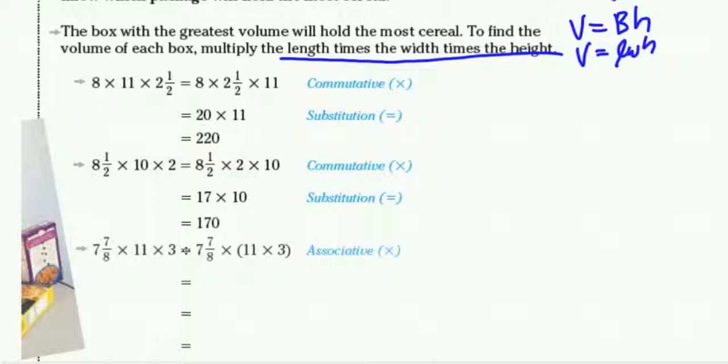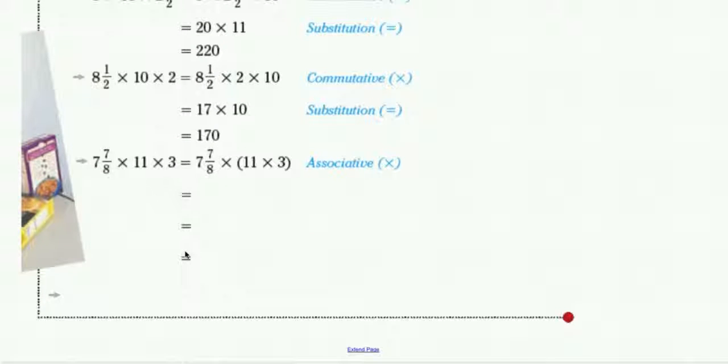And let's consider the last box, 7 and 7/8 times 11 times 3. Using the associative property, we simply group 11 times 3. And we know that 11 times 3 is 33. Using the substitution property of equality, you now have 7 and 7/8 times 33.